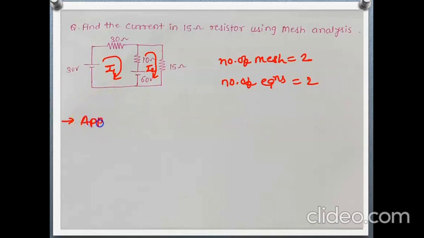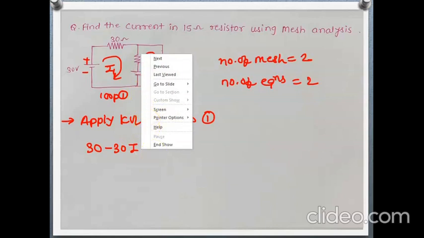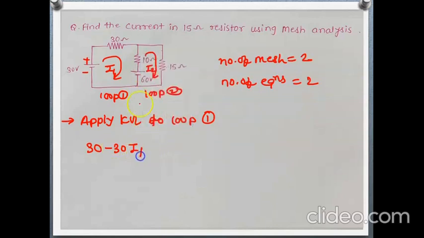This is also similar to what we have solved earlier. So apply KVL to loop 1. This is loop 1 and this is loop 2. Here this is negative, this is positive. So negative to positive, positive 30, then minus 30 I1.